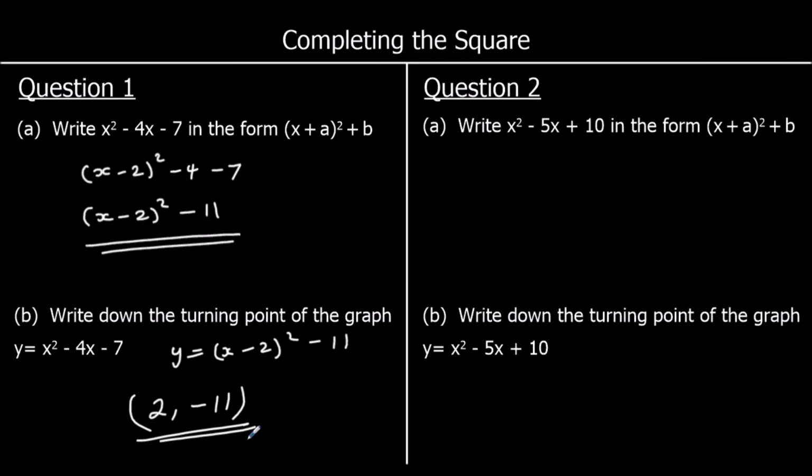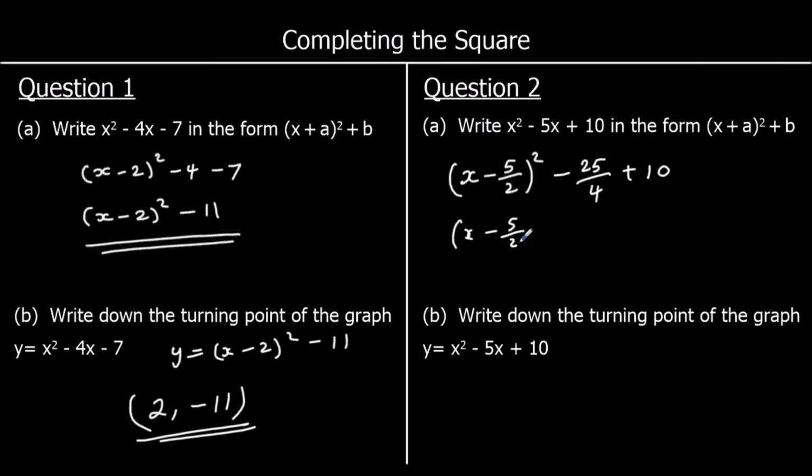Question 2. Same steps, just harder numbers. So we're going to half the middle number. So we're going to have (x minus 5/2) squared. We're going to take away (5/2) squared, which is 25/4. And we've got a plus 10 on the end. 10 is the same as 40 quarters.